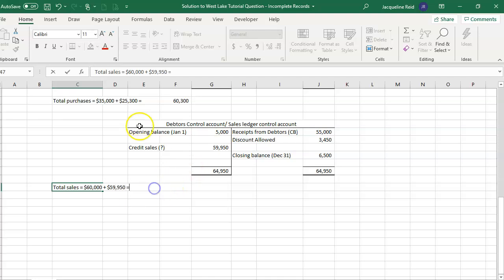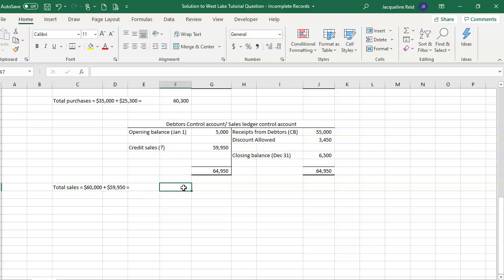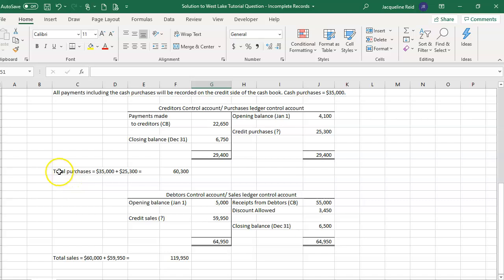So combined, the total sales for this business is $119,950.